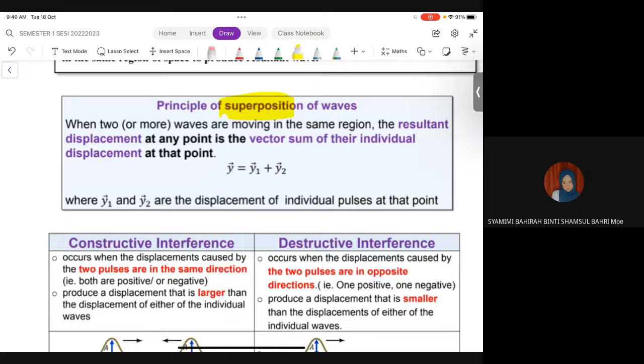Super ni bagi bagus lah. Maksudnya dia adalah makin kuat, bertambah. Resultant of displacement at any point is the vector sum of their individual displacement at that point. Maksudnya hasil tambah y1 tambah y2. Dan dia mesti berlaku ada at least 2. Dia tak boleh sorang-sorang. Dia kena ada 2 baru boleh berlakunya superposition.